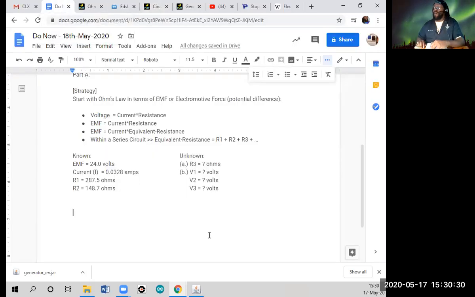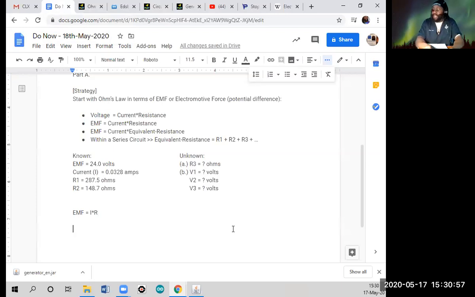We got to use Ohm's law here real quickly to figure out what's going on. So I'm going to use EMF, and remember that's voltage, in terms of Ohm's law to calculate our resistor 3. If you remember, electromotive force is equivalent to our current I multiplied by our resistance. We'll take that a bit further.